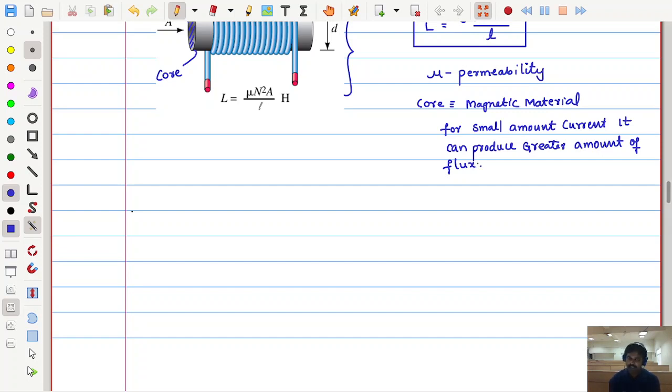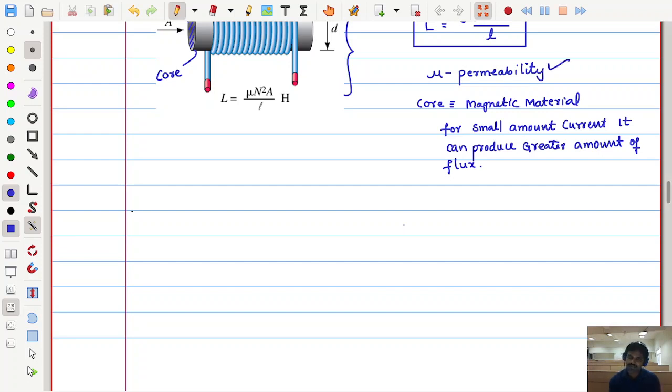So this capability or property of the magnetic material which can enhance the production of flux, usually all magnetic materials have higher capability than non-magnetic material. This property of the magnetic material which can produce more flux for a small amount of current, we call the permeability.